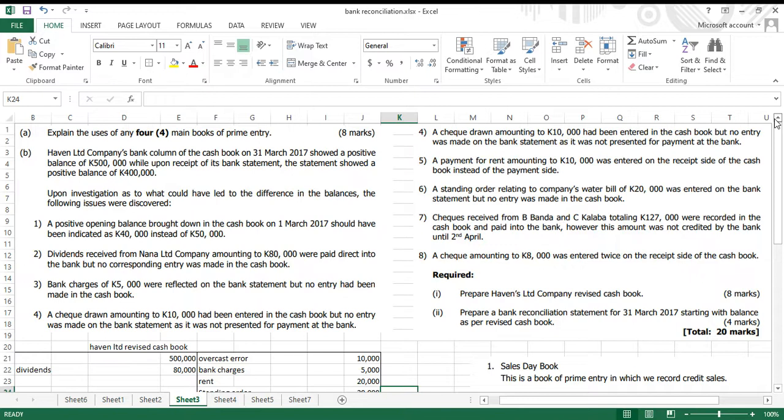Checks received from B Banda and C Calabar totaling 127,000 were recorded in the cash book and paid into the bank. However, this amount was not credited by the bank until 2nd April. So what's happening here? This is what we call unaccredited checks or lodgements.